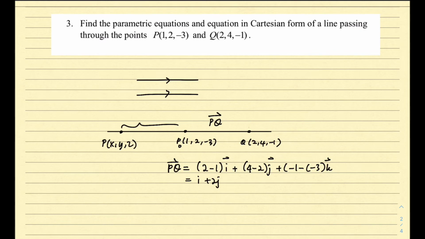Okay, negative 1 minus minus is plus, negative 1 plus 3 is 2. So, 2 times K is 2K. So, sekarang awak dah ada satu vector here. I plus 2J plus 2K.